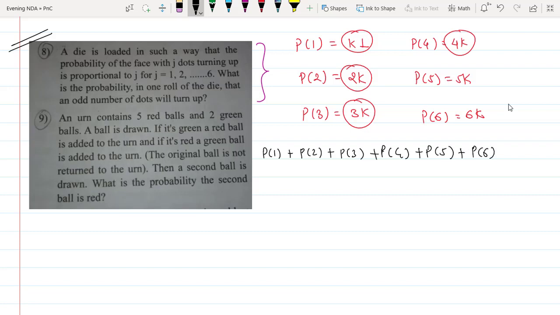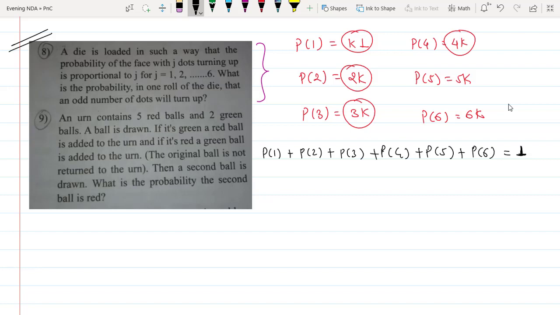See what it means: either you are getting 1 dot or 2 or 3 or 4 or 5 or 6. When you roll, one of these is definitely going to come. That's why the probability is 1. It is known as the total probability.